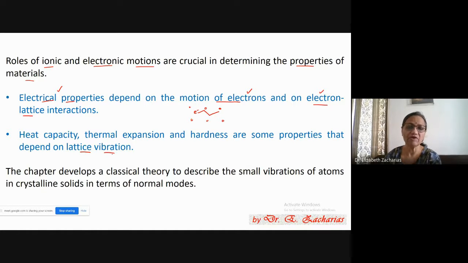The ion sitting at the lattice will vibrate. So we won't say ion anymore; we'll say lattice vibration, meaning the ion sitting at the lattice. Which properties are decided by it? Essentially, thermal properties and mechanical properties are decided by lattice vibration.